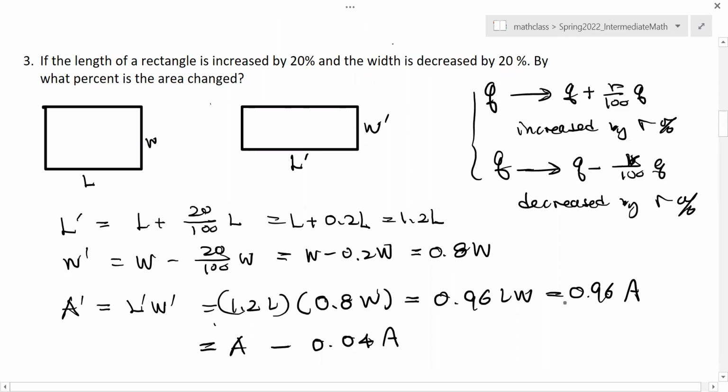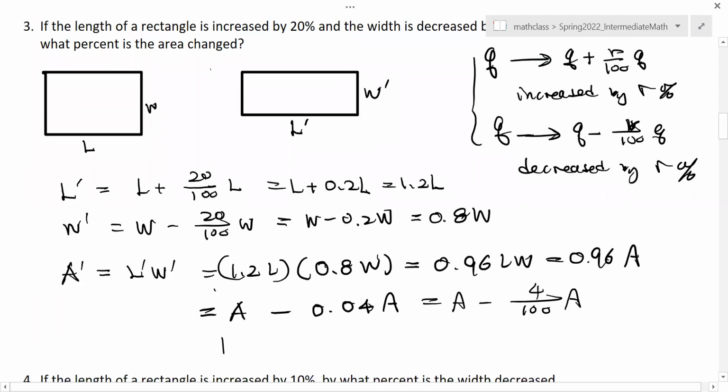Because if we subtract 0.96 from 1, you get 0.04. So this is the decreased part. Okay, now by what percent? By 4%, right? So then you can say that it decreased by 4%.